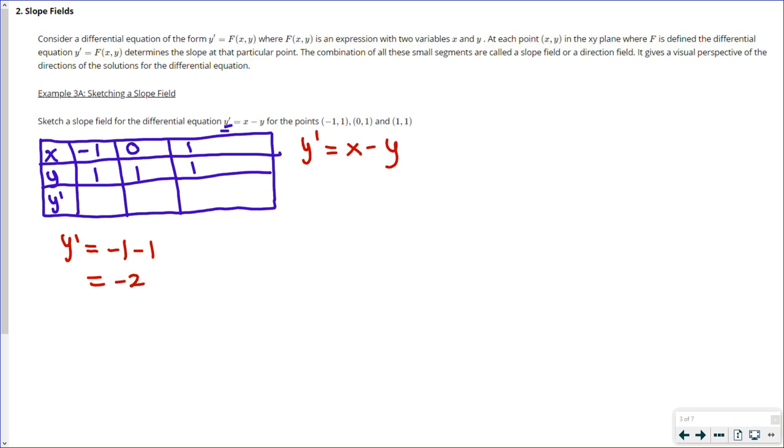That gives us negative 2. For the second one, we do x minus y, which gives us negative 1. And for our third one, we do x minus y, which gives us 0.